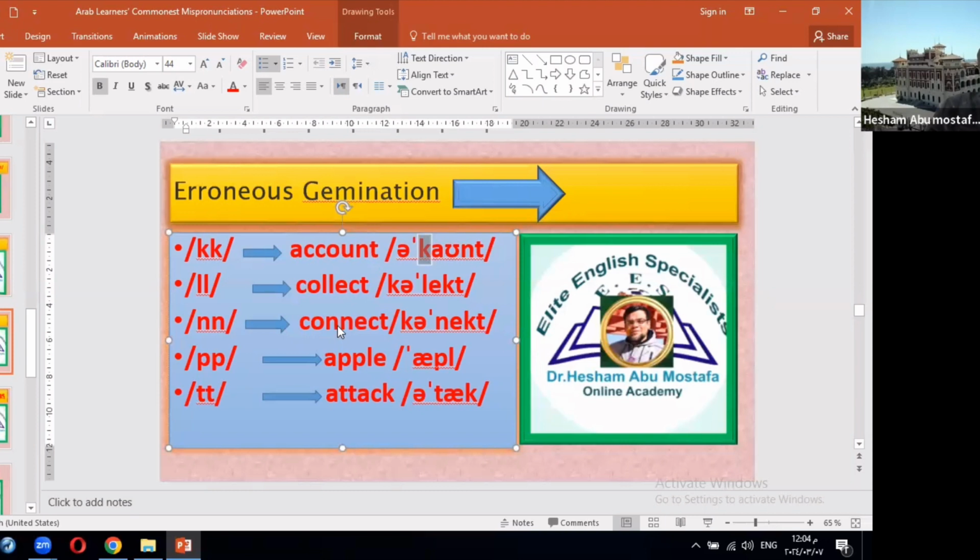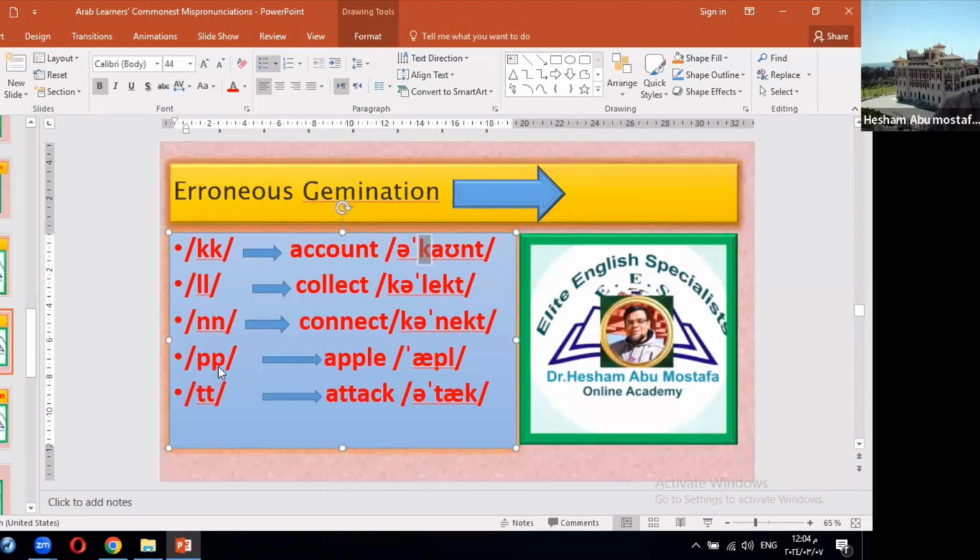This is also connect. Actually, it has only one n sound, not two. It's connect.